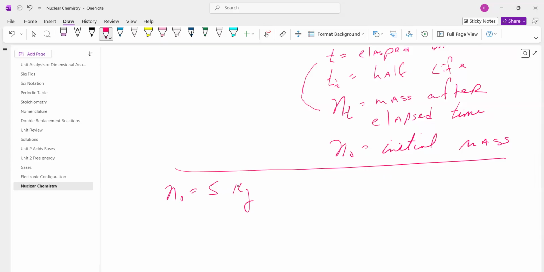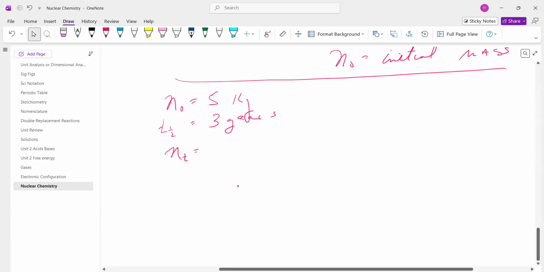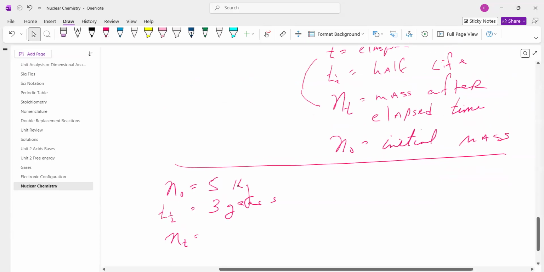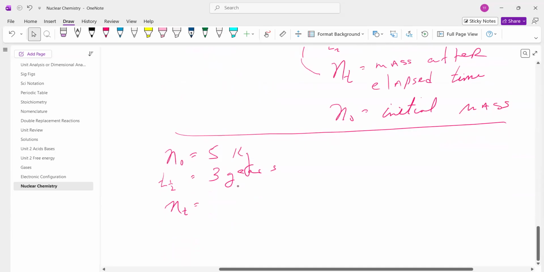So what we start with is 5, and let's say the half-life is 3 years. What is the mass after that? Okay, we've got the initial mass, but we need the elapsed time.